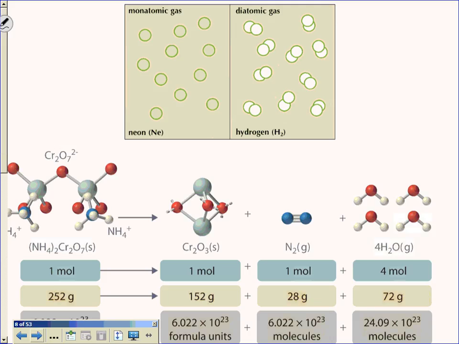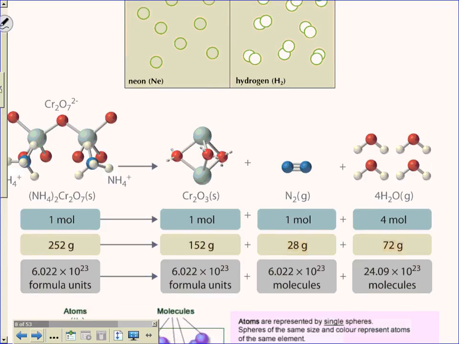All right, and these are just some more images of what this looks like. So, what's Cr2O7 2 minus? That's just a plain old polyatomic ion. Anybody? That's dichromate. What's NH4? Whoa.